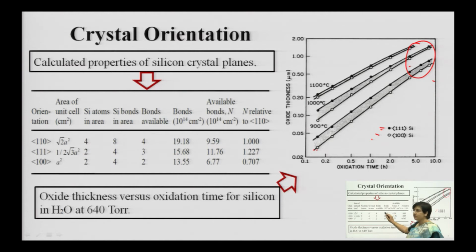Since the bonds are more here, please understand, calculated properties have been studied for the unit cell. How many atoms are there in the Si area? Bonds available are 4 for one, and here you have 3 bonds. The activation energy, the number of available bonds, and if you have n-type impurity being added, that is how it is studied.